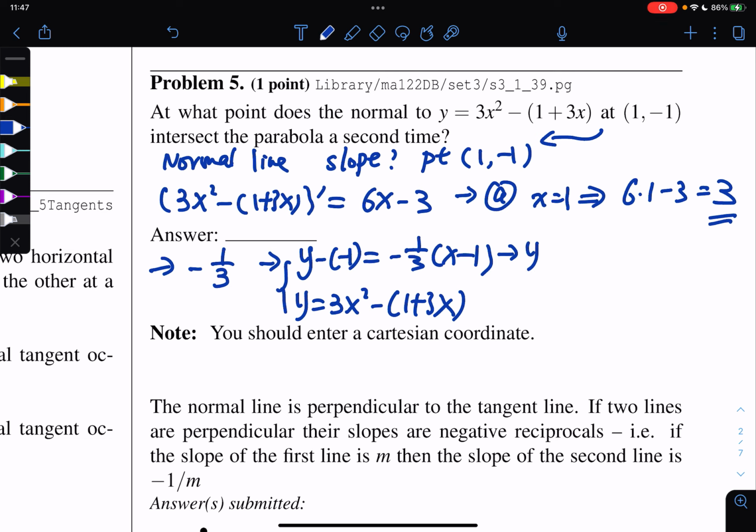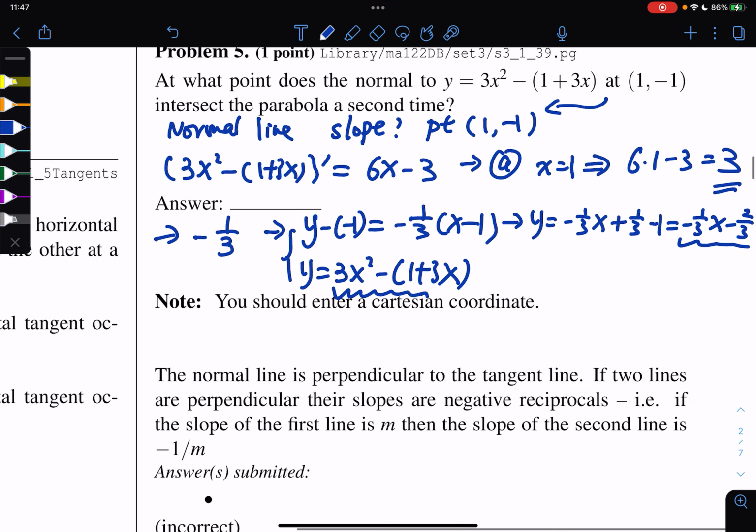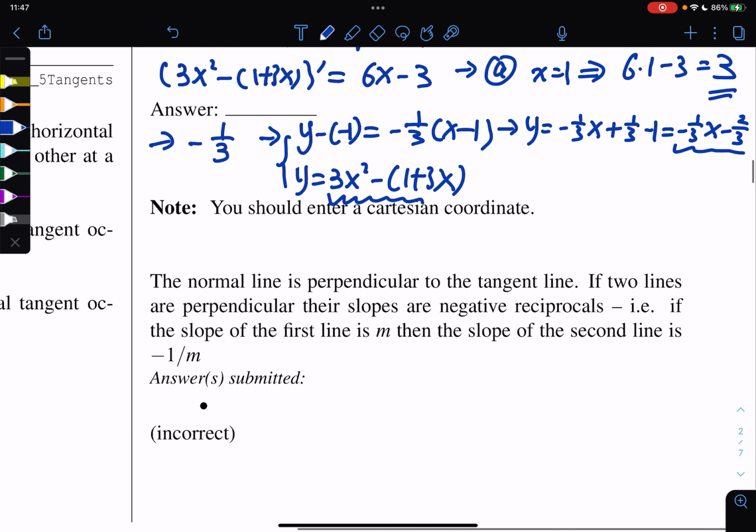I add the -1 to both sides, so it's y equals -1/3 x plus 1/3, and I add -1, so it's -1/3 x minus 2/3. They are both equal to y, so this expression and that expression are supposed to be the same.